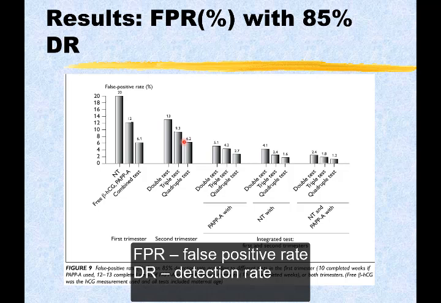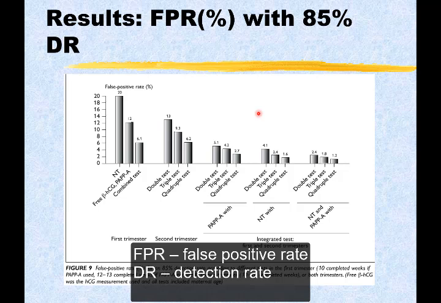In this bar graph, you see the false positive rate for different combinations of maternal serum screening. If we do more combined testing, then we reduce the false positive rate.